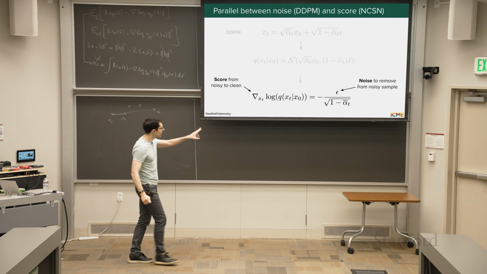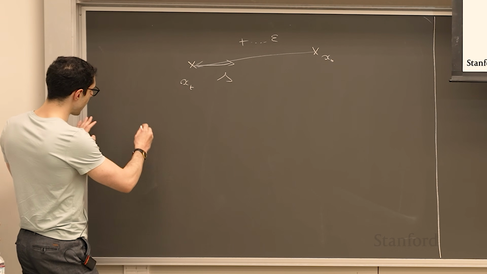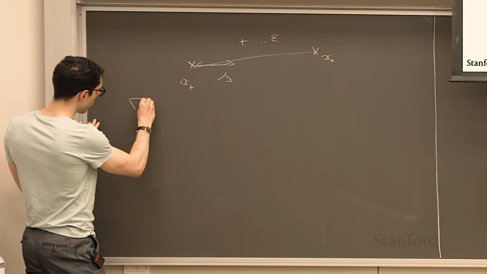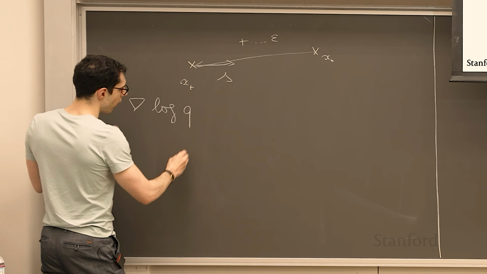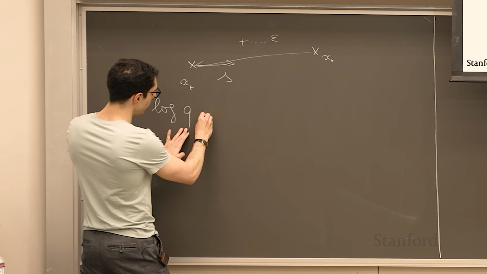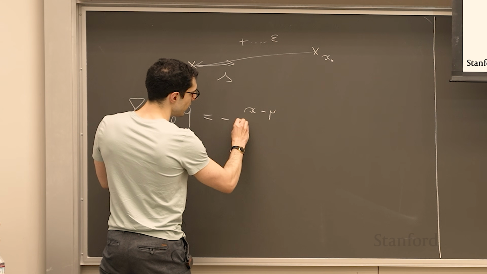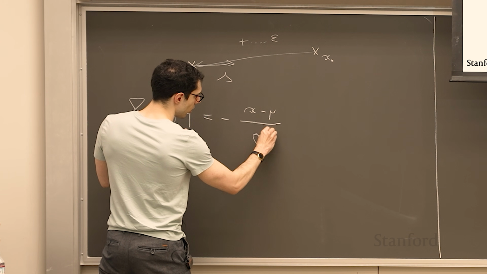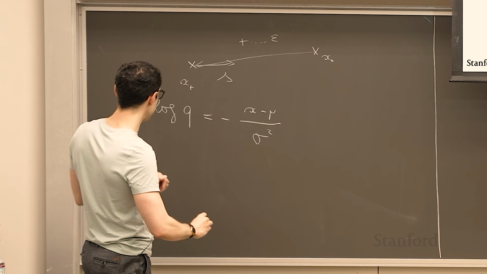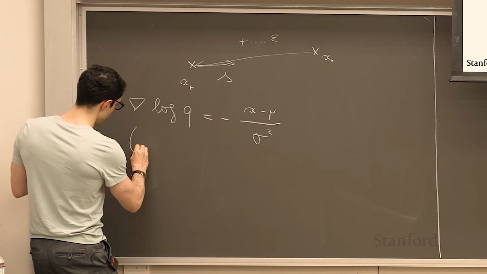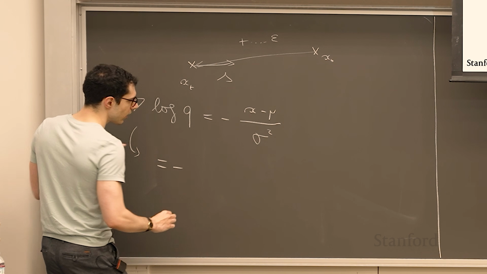So by the way, does that make sense? Maybe I can also derive it. Remember that the score of a normal distribution is equal to minus x minus the mean over the variance, right? In this case, what is x?